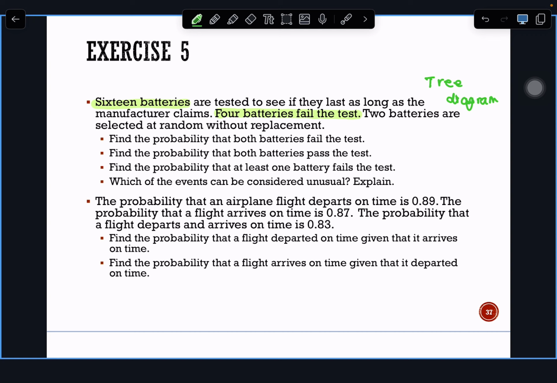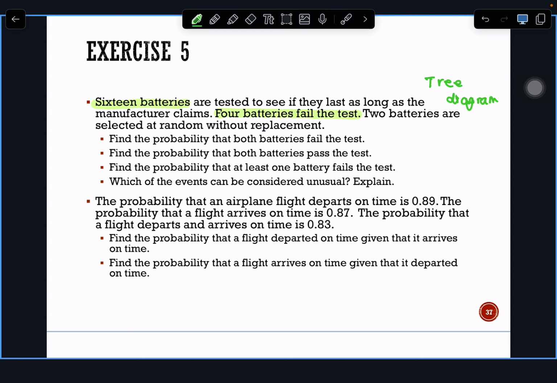Yes, somebody says 4 per 16. Correct. 1/4. What does it mean? That is not wrong. But I asked, 4/16 is 1/4, what is 1/4? Probability? Fail.